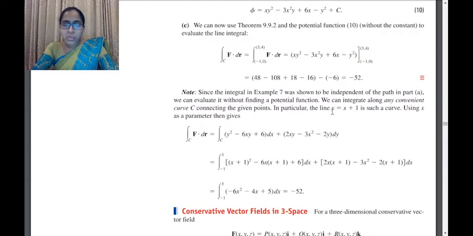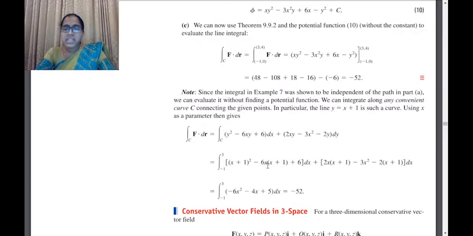and obtain the expression only in terms of x. Also note one thing: if y is x plus 1, then dy, the derivative of this, will be dx plus 0, that is dx itself. So we substitute that instead of dy. The variation of x is from -1 to 3, so the integral over C becomes the integral from -1 to 3 of (x plus 1) whole square minus 6x into (x plus 1) plus 6, dx, plus 2x into (x plus 1) minus 3x square minus 2 into (x plus 1).